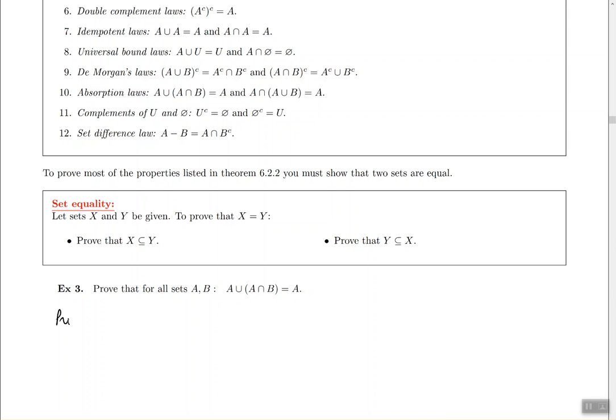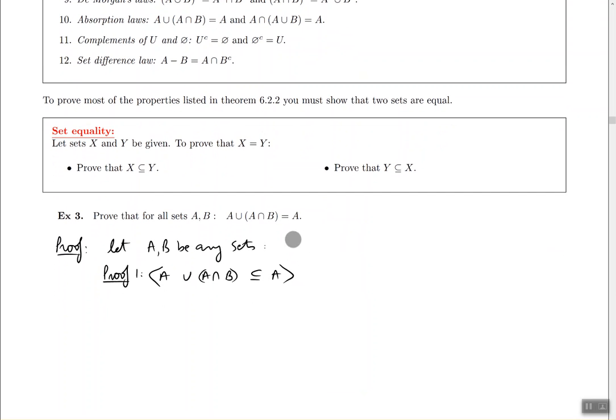So we're going to do the proof, and the proof is going to consist of basically saying first, let A and B be any sets. And we're going to start with proof 1. Proof 1 is where we show that A union (A intersect B) is itself a subset of A. In order to do that, I'm going to pick an element X from A union (A intersect B).